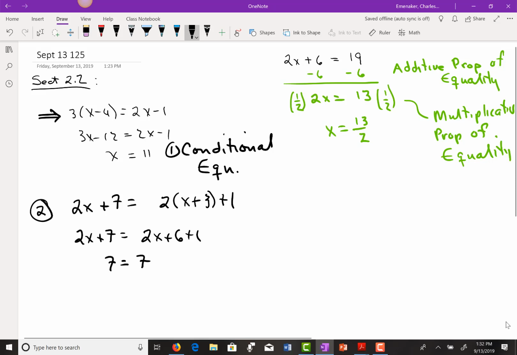Huh. Well, is that true? It's true. We can work it down even further and get 0 equals 0. Does that make sense to everybody? It's entirely possible to come up with equations that behave like this. These are what are called identities.